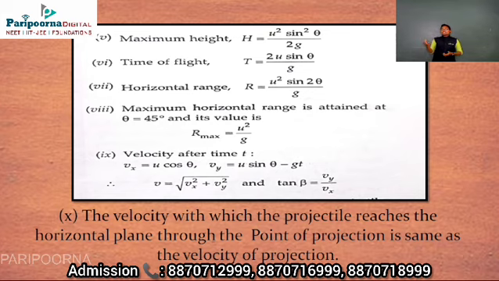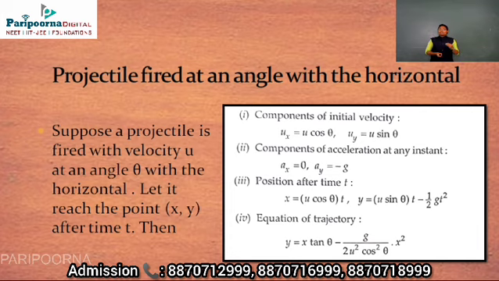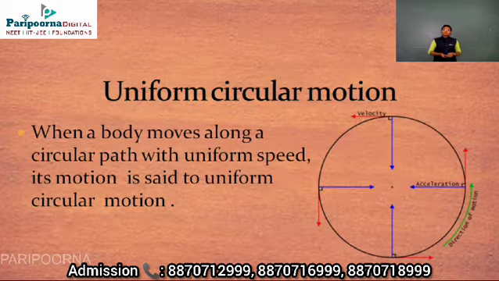The velocity with which the projectile reaches the horizontal plane through the point of projection is the same as the velocity of projection. These are some equations and points to remember when the projectile is fired at an angle with the horizontal.